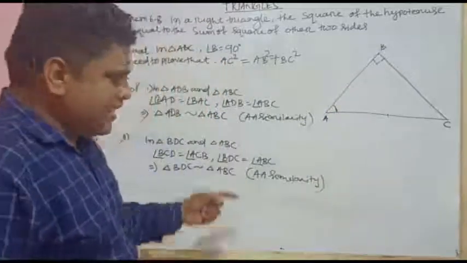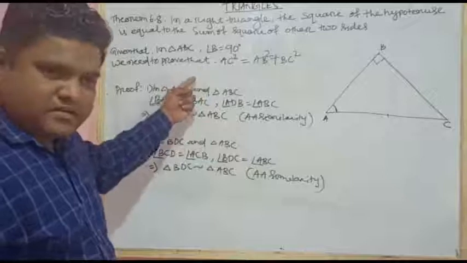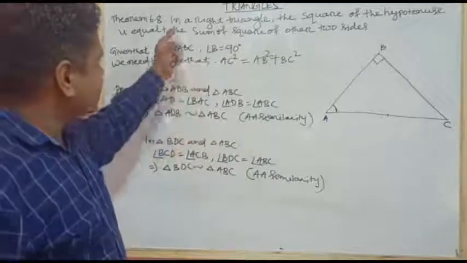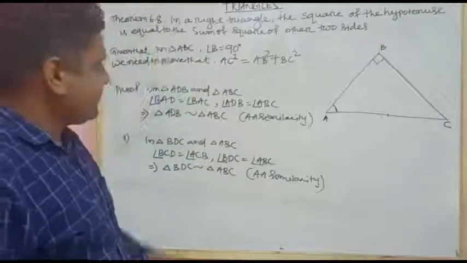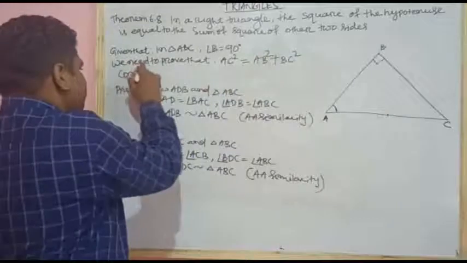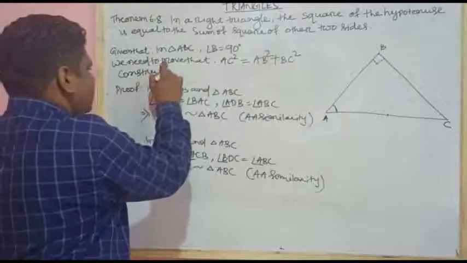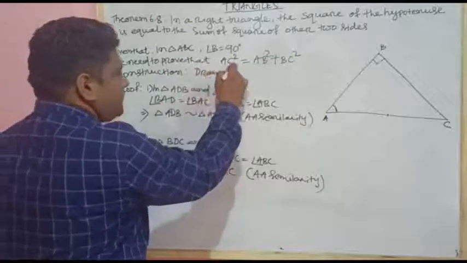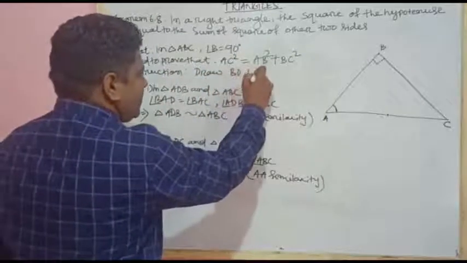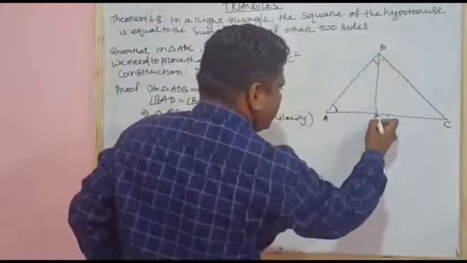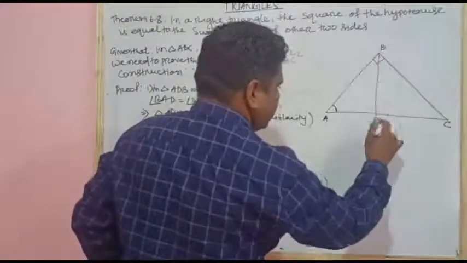For this purpose, I have not erased some portions of the proof of the previous theorem, that is 6.7. So we need to draw BD perpendicular to hypotenuse AC. Let's draw BD.